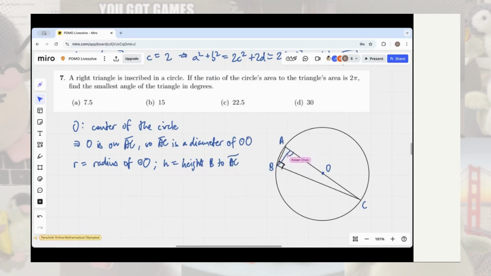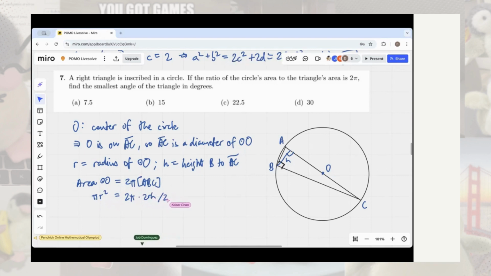This is a right angle, and this is H. Since the area of circle O equals 2 pi times the area of ABC as per the problem statement, you use the formulas: pi r squared equals 2 pi times 2RH over 2.